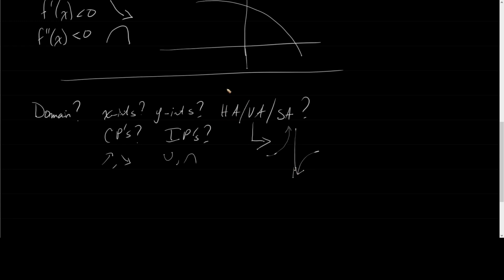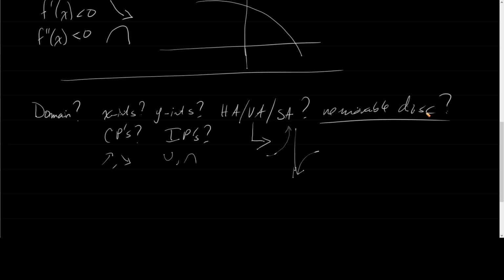Along with the horizontal asymptote, is it actually an asymptote or is it just a discontinuity? So I guess I should also be talking about any removable discontinuities. All right, so these are all different aspects that we need to keep in mind when we're sketching something.